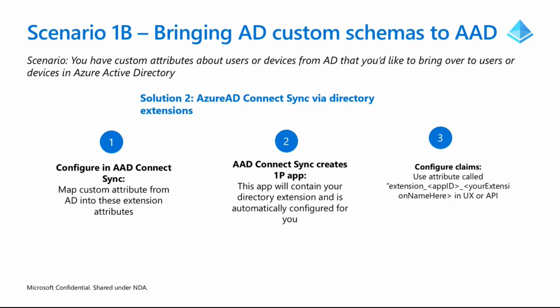So you can store different values into those extensions through Azure AD Connect Sync. To cover again, if you have a customized on-premise schema in AD, you can use either extension attributes 1 through 15, or you can use these directory extensions through Azure AD Connect Sync.